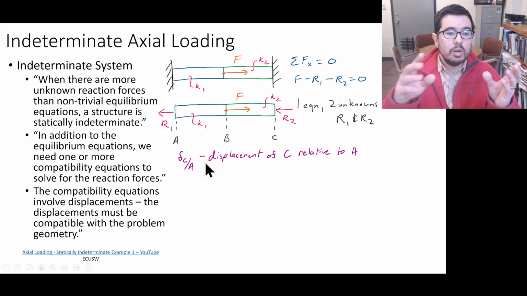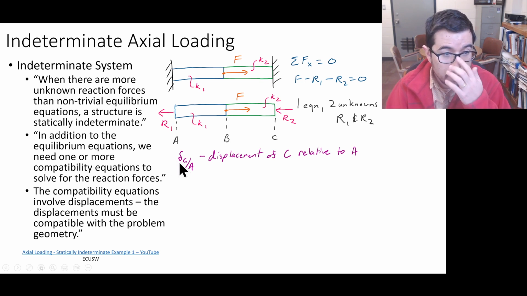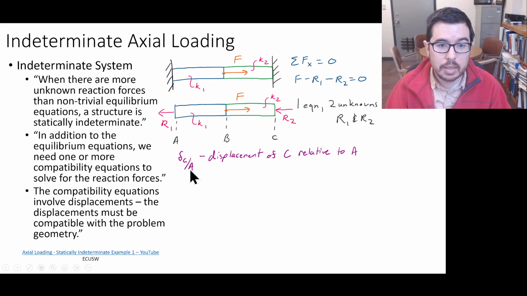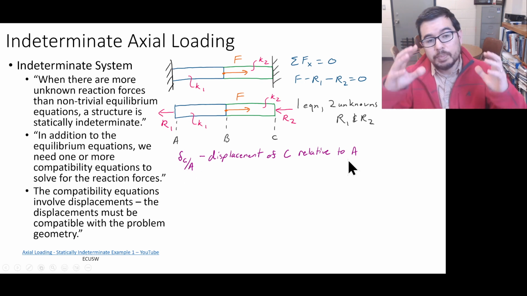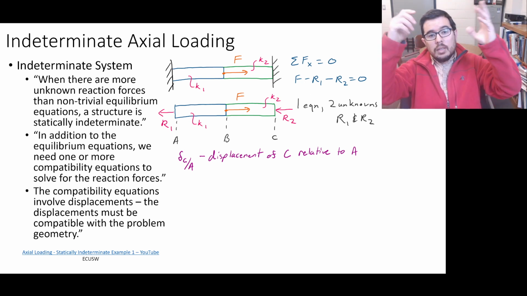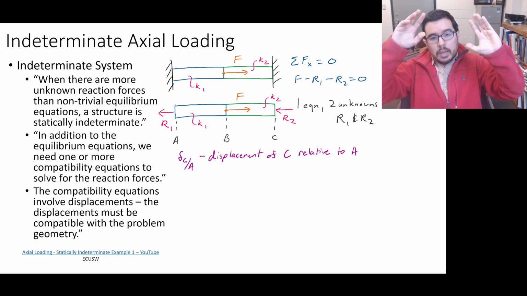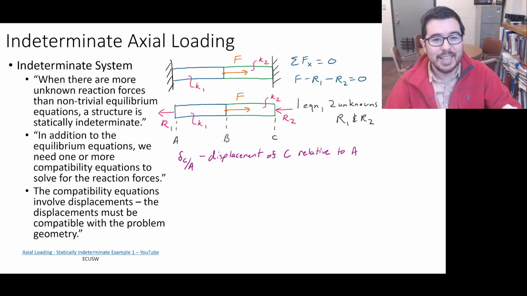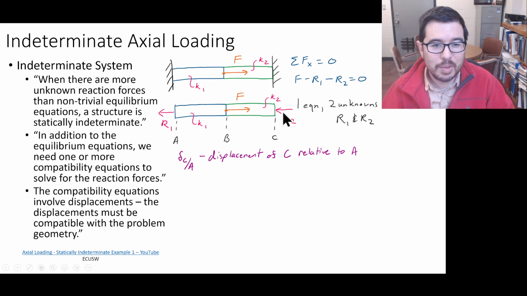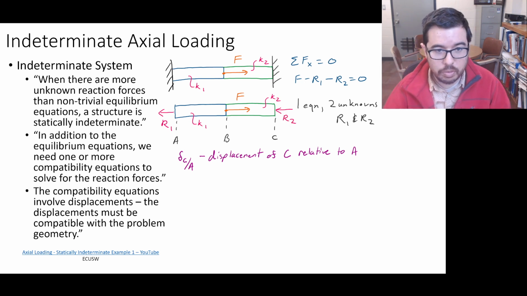And the nomenclature that we'll introduce here is delta C/A, which means the displacement of C relative to A. Now, this can be a little bit confusing because it's like, hey, which direction do I draw the coordinate system? Often you end up drawing some type of positive arrow coming out of a surface.